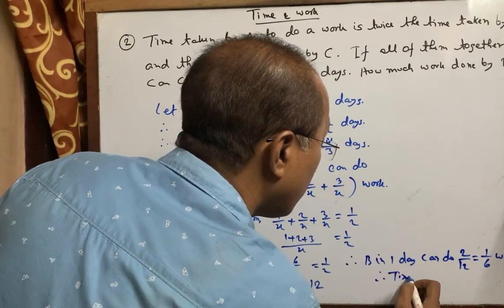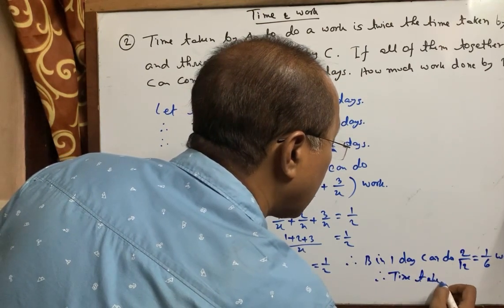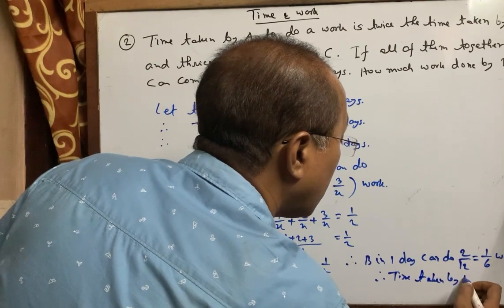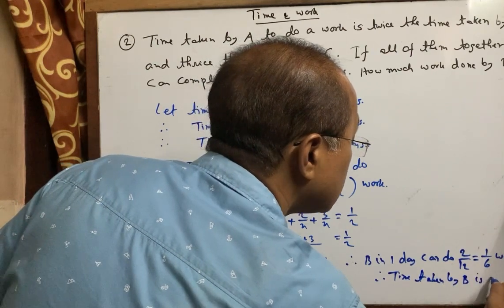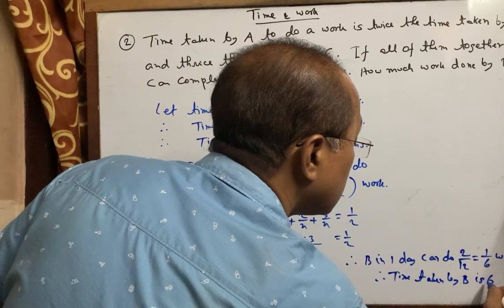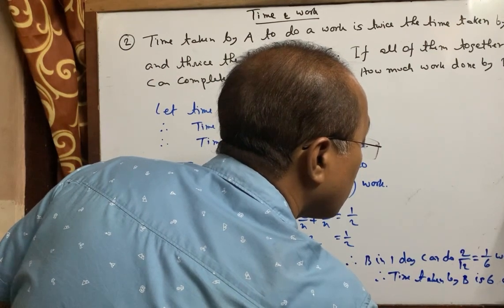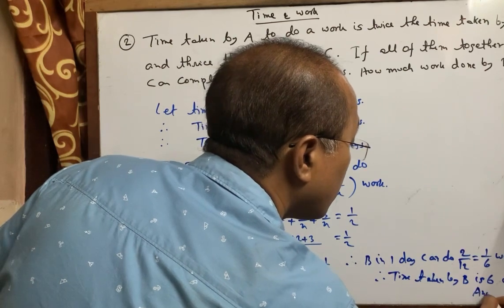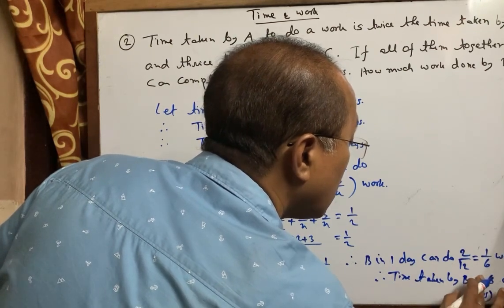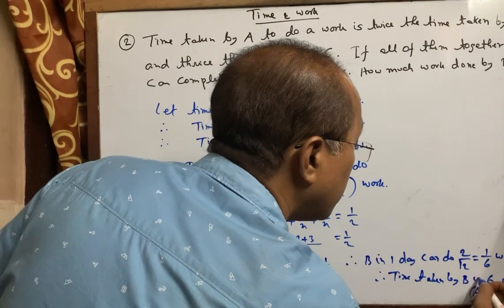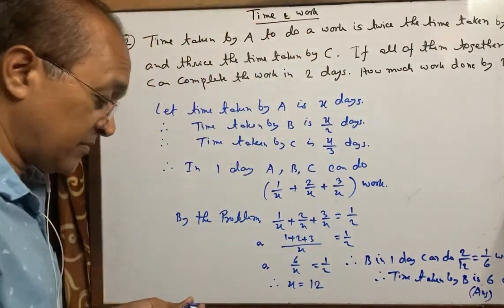Therefore, time taken by B is 6 days. Okay. So time taken by B is 6 days.